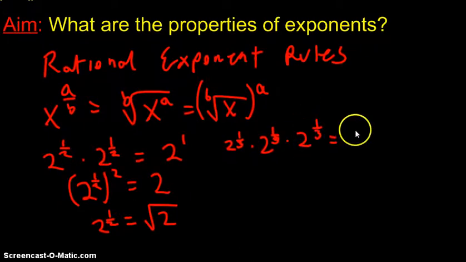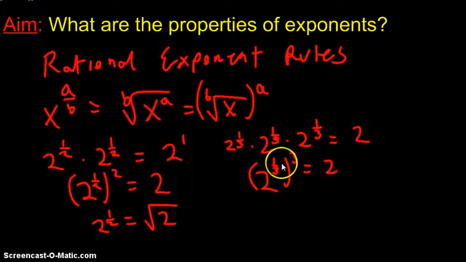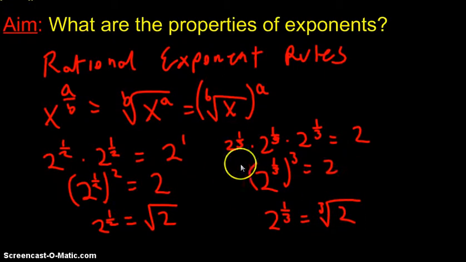That would be equal to 2. So this is 2 to the 1/3 cubed equals 2. So by taking the cube root of this side and the cube root of that side, we get 2 to the 1/3 is equal to the cube root of 2. And we can do that for any denominator, any unit fraction we have here. Alright?